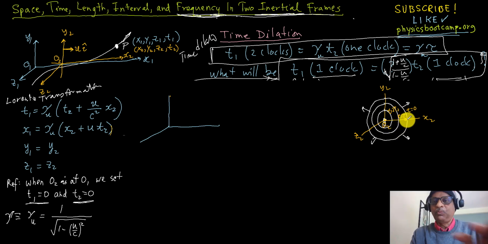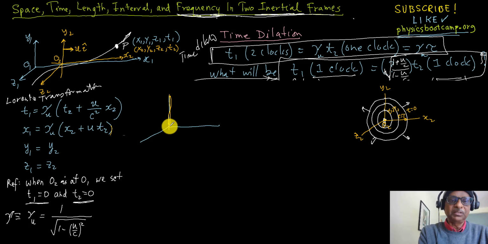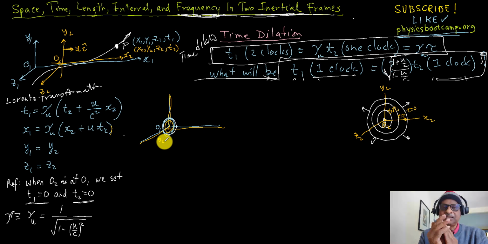So the way we would look at this is, of course, at t equals 0, we're going to have them right on top of each other. So there are two clocks: a clock for frame 1, this is the O1 clock, and a clock for O2, and both are at 0.